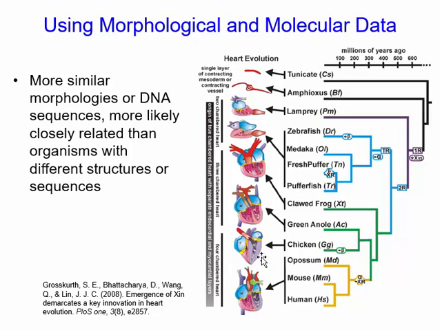But birds also have a four-chambered heart, right? So if we were just focusing on that character, four-chambered or not, we might lump birds with mammals here. But we see birds actually form a distinct lineage here with these lizards that have three-chambered hearts. And so that's important, why we need to take that total information. So this four-chambered heart has evolved more than once in the history of life on Earth.